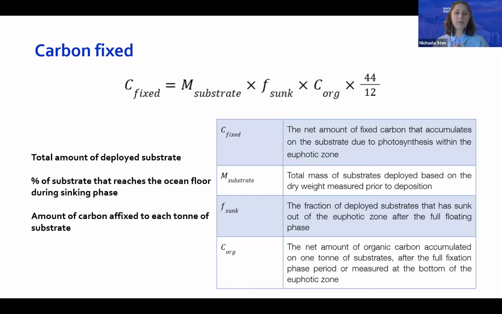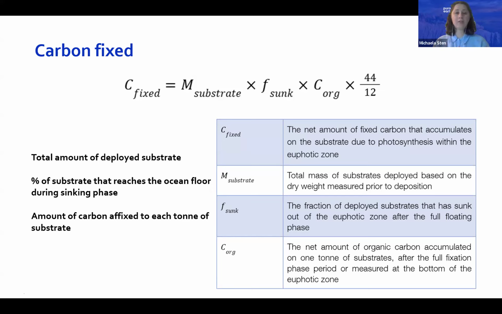And so the quantification of the carbon fixed is all of that biomass that accumulates on top of the substrate. And the way that this is quantified is the substrate is measured pre and post deployment to account for the substrate weight itself, as well as the biomass that is affixed to the substrate. We then require quantification of the percent of substrate that sinks out of the surface ocean and makes it to the seafloor.